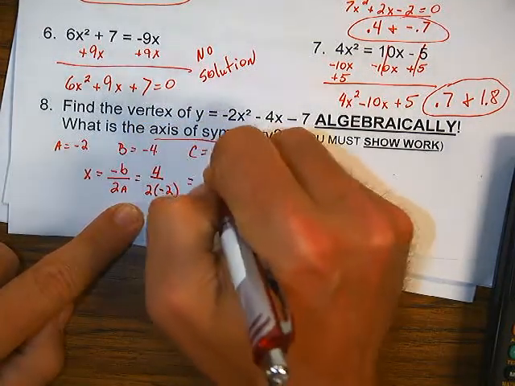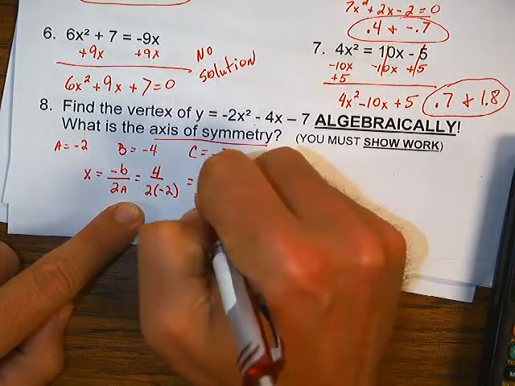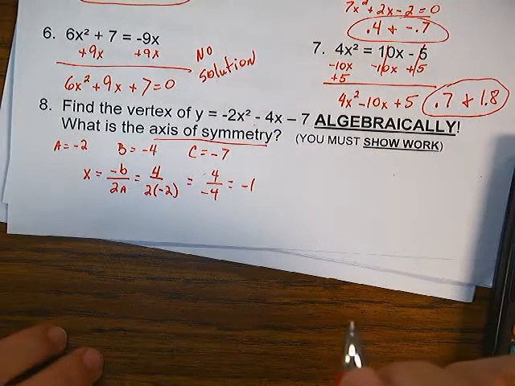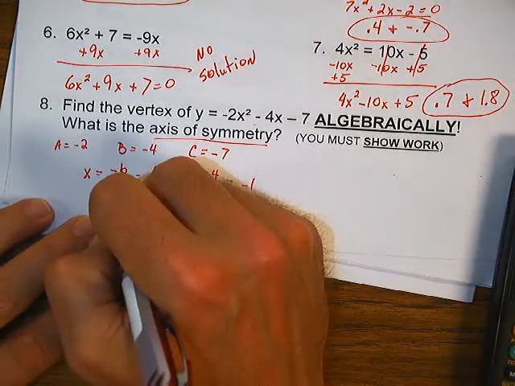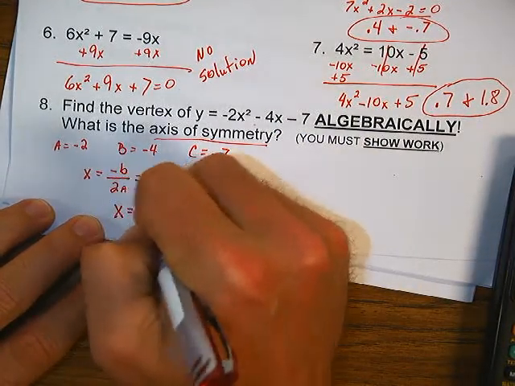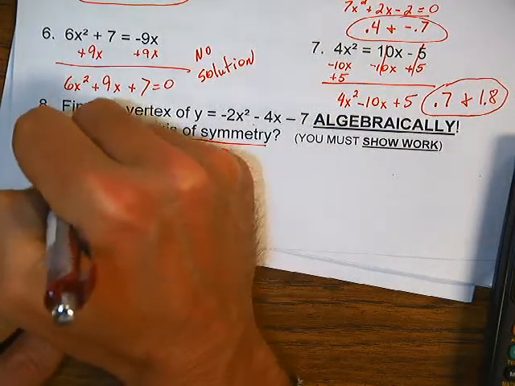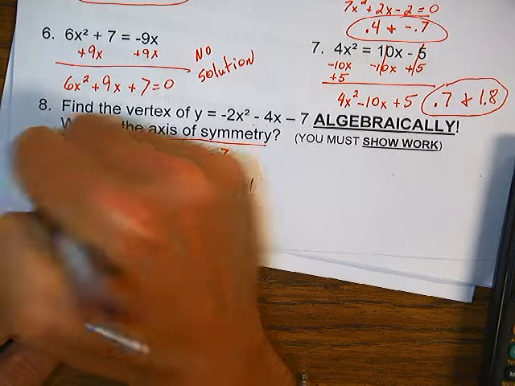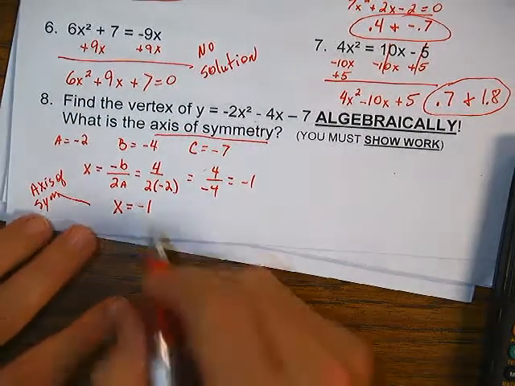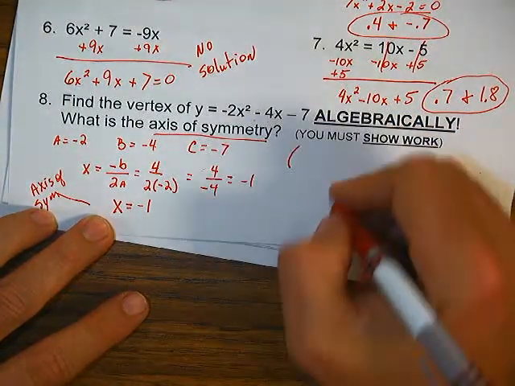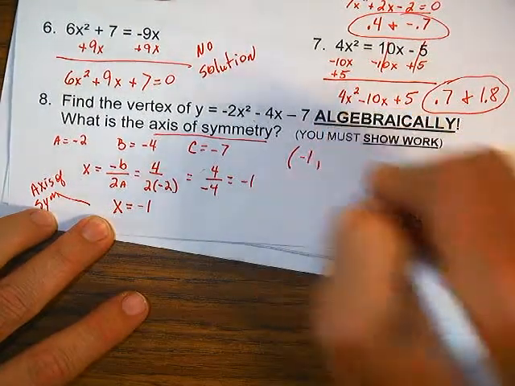So we have 4 over negative 4, which is negative 1. So my axis of symmetry is x equals negative 1. So my vertex, my x value, is negative 1.